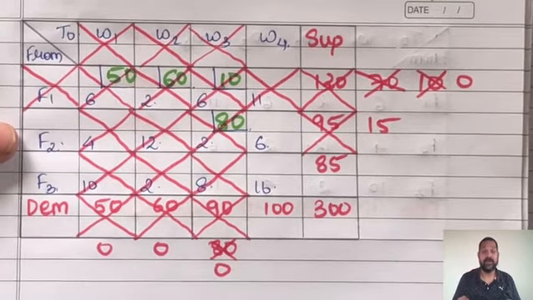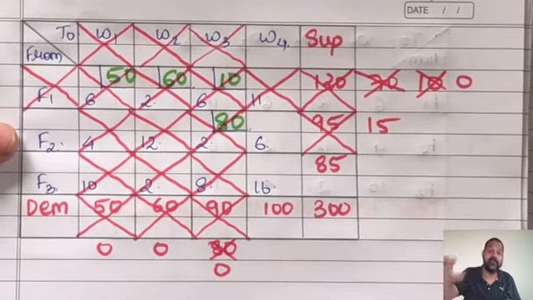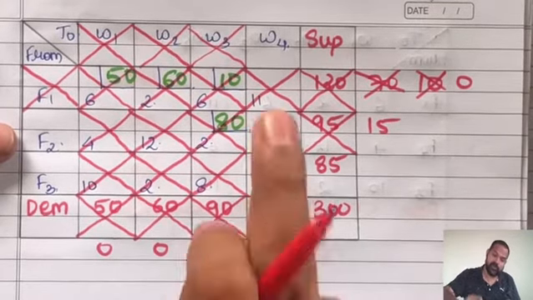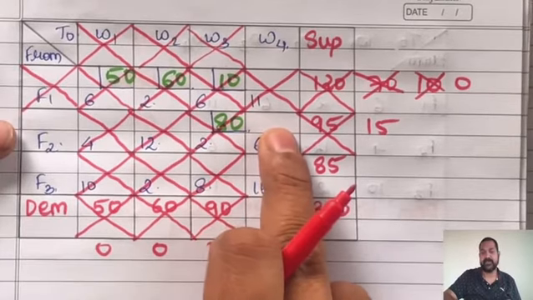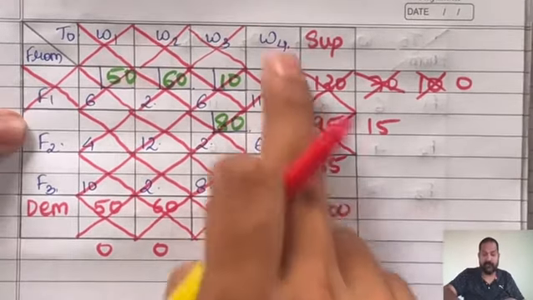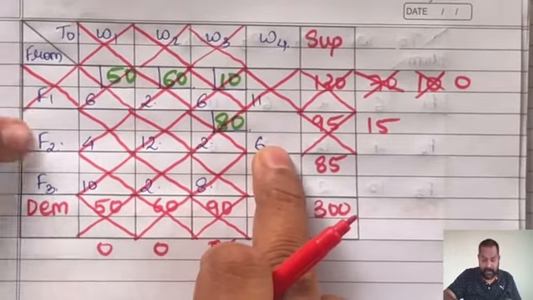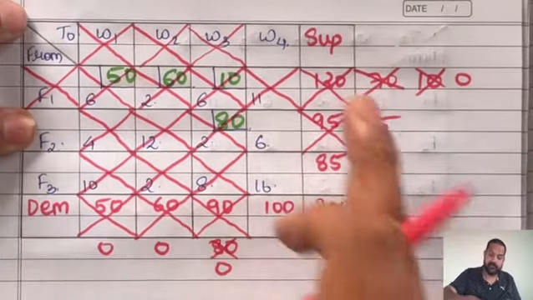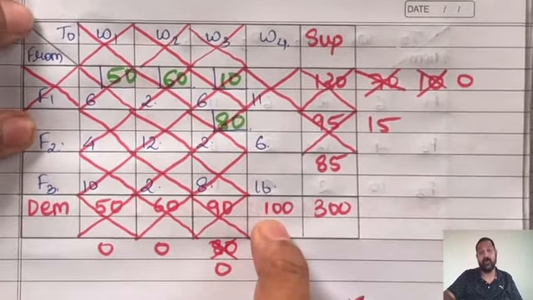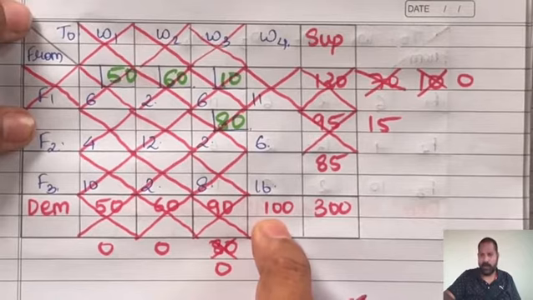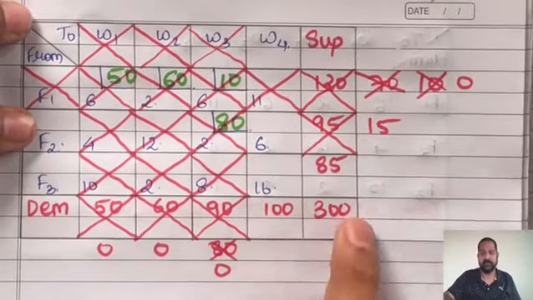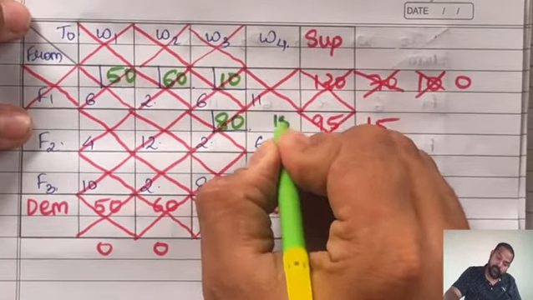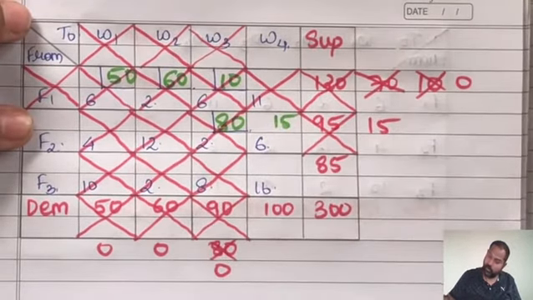We go to the next respective northwest corner. Who is the next respective northwest corner? Well, this 6 is the next respective northwest corner, which is F2 W4. F2 has a supply of 15 units. W4 has a demand of 100 units. I can't give you 100. I have only 15. Fine. Give me the 15 then. So F2 gives 15 units to W4.